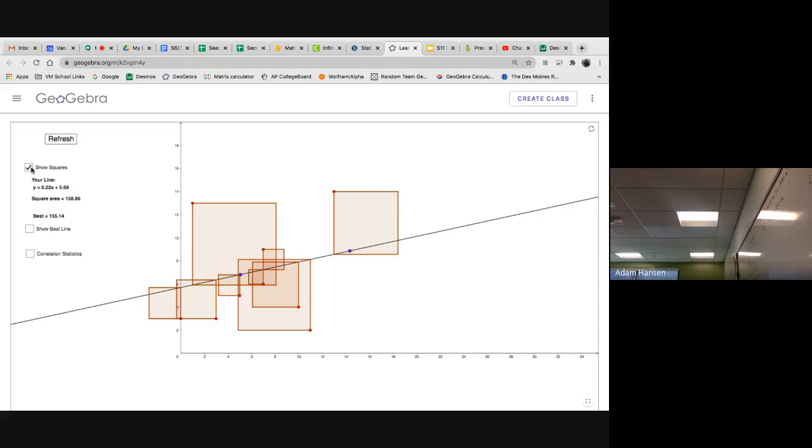Why do I have to square it? When I take this data point minus what's predicted, is that a positive number or a negative number? This value minus this value, is that positive or negative? Positive, right? Okay. What about when I do this value minus this value?